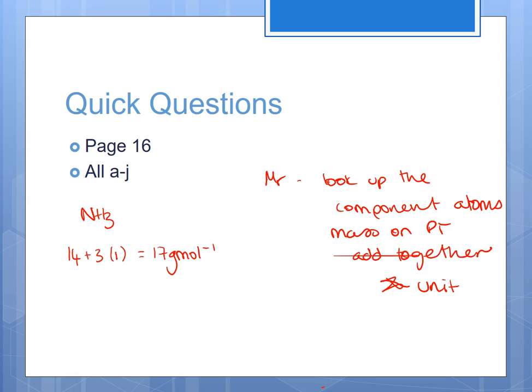If we were to do something like methane, again, we would have CH4. We would go to the periodic table and look up carbon, which would be 12, and then we would have 4 lots of hydrogen, which is 1. When we add those all together, we would have 16 grams per mole.